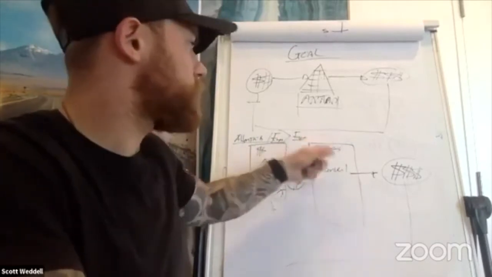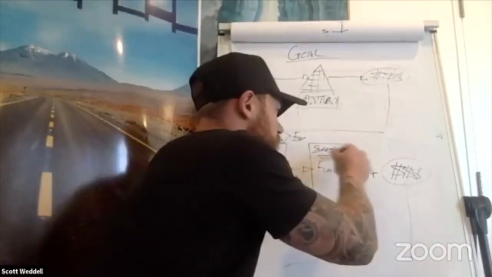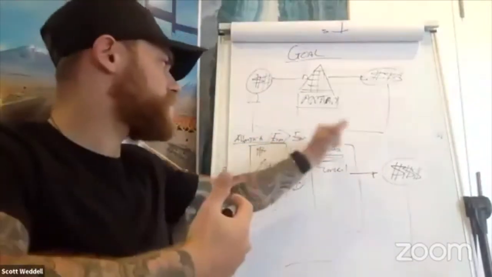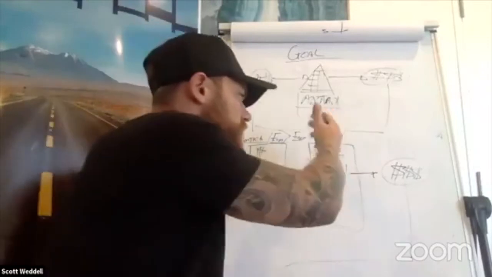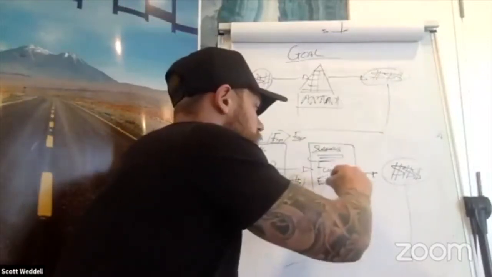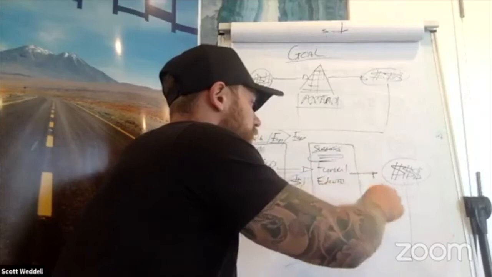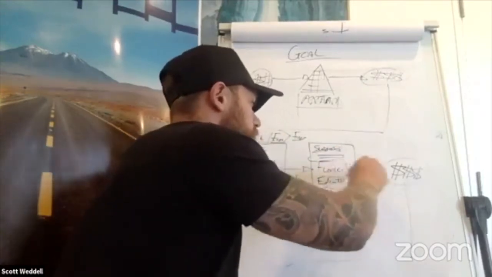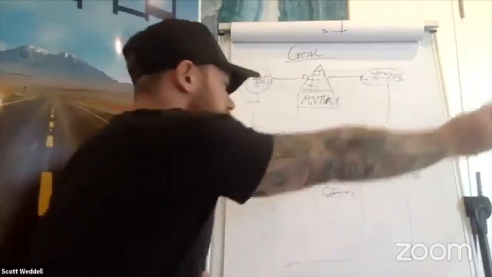So then they subscribe and we get details, name, email, and maybe a phone number, depending on what you're asking for. Once they've subscribed, we need to educate them, and once we educate them, we convert. And that's what that does.